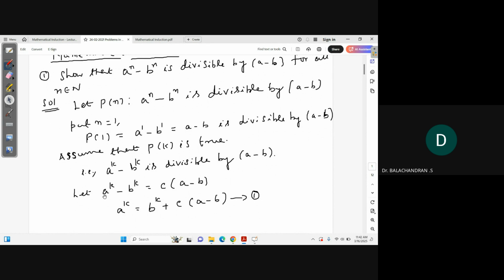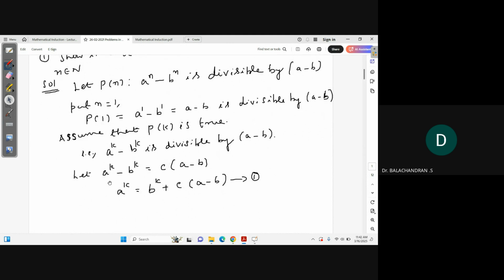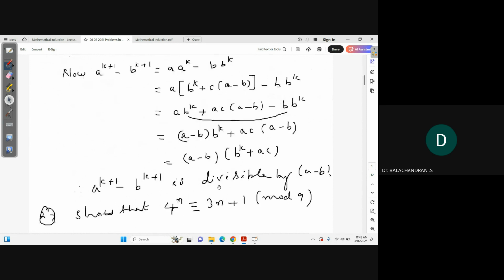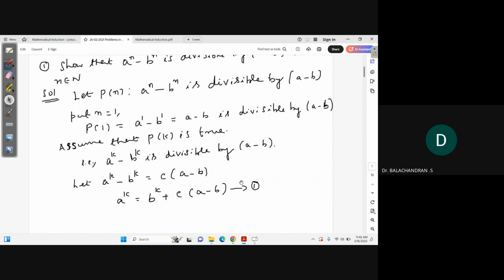So let a power k minus b power k equal to some c into a minus b. Now from this, a power k equals b power k plus c into a minus b.